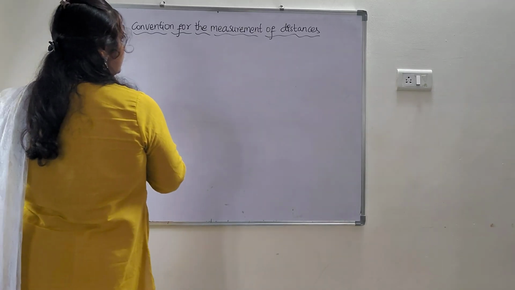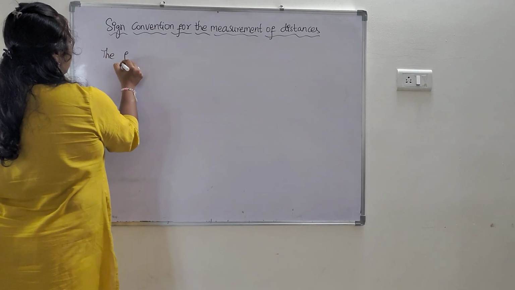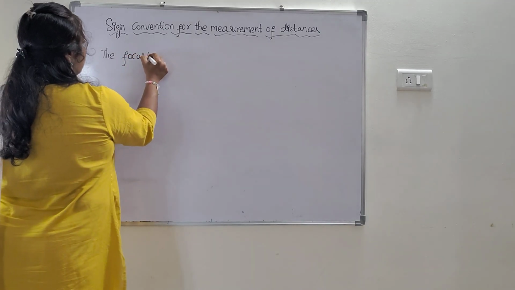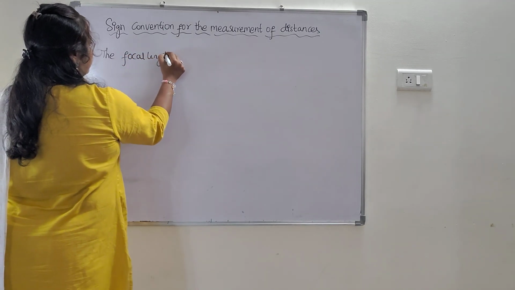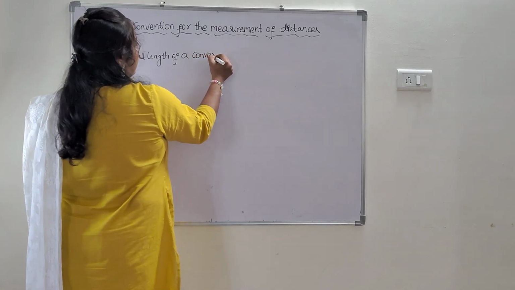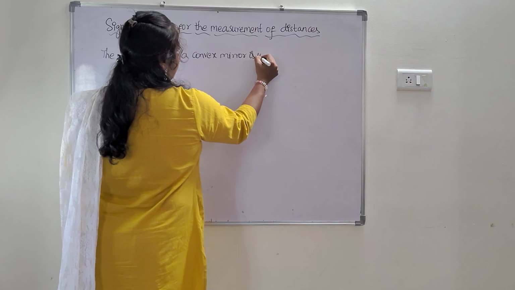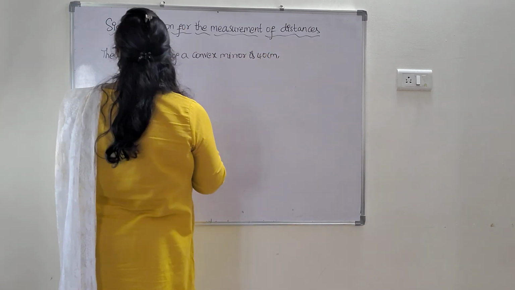Which numerical will we do? The focal length of a convex mirror is 40 centimeter.